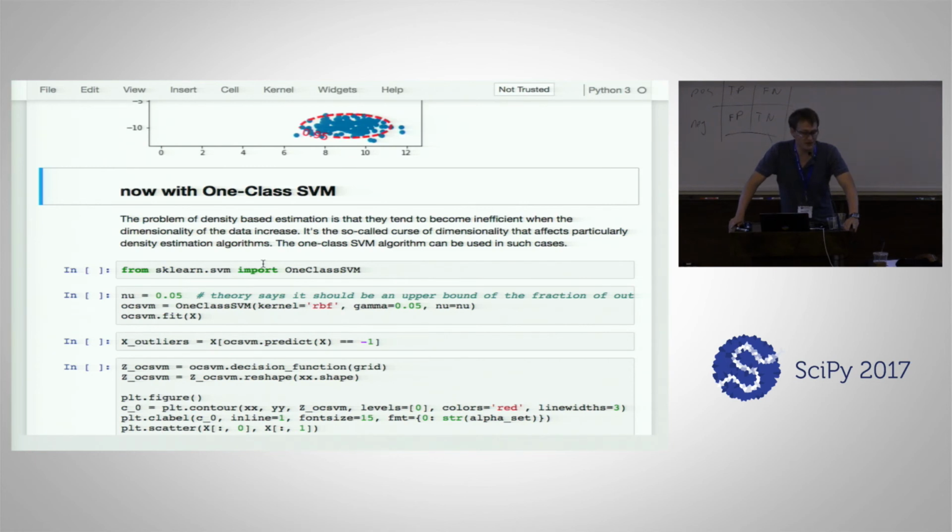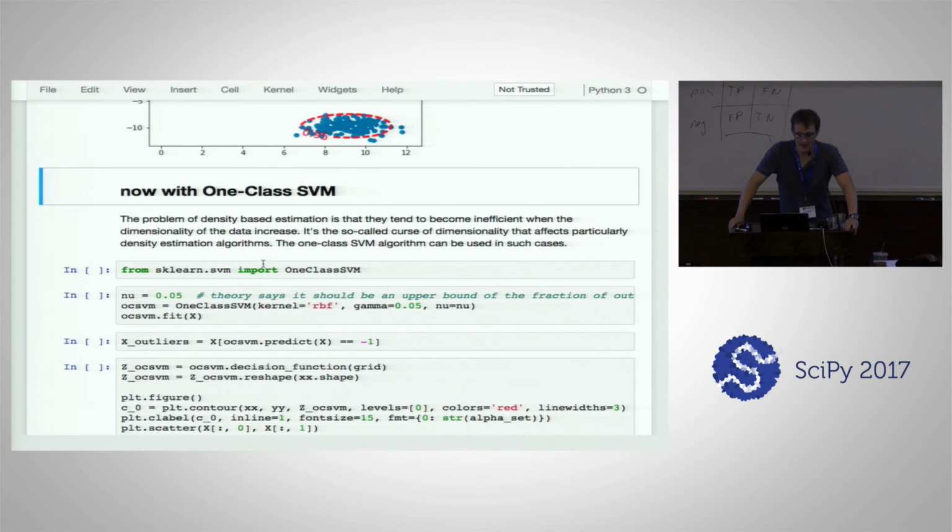They had their time where they were extremely popular. And one-class SVM is basically an extension of the binary SVMs to the case where you only have one class, meaning that you are in an unsupervised setup.